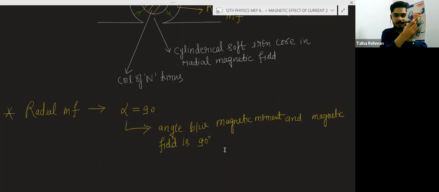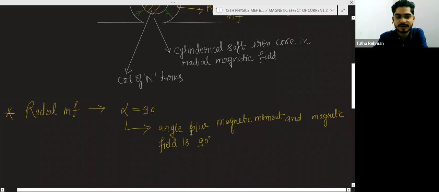But at the same time, when the coil is rotating like this, the angle between the magnetic moment and the magnetic field will remain the same, that is 90 degree. If the coil is like this, then the magnetic field is like this. So radial magnetic field means alpha is equal to 90 degree.